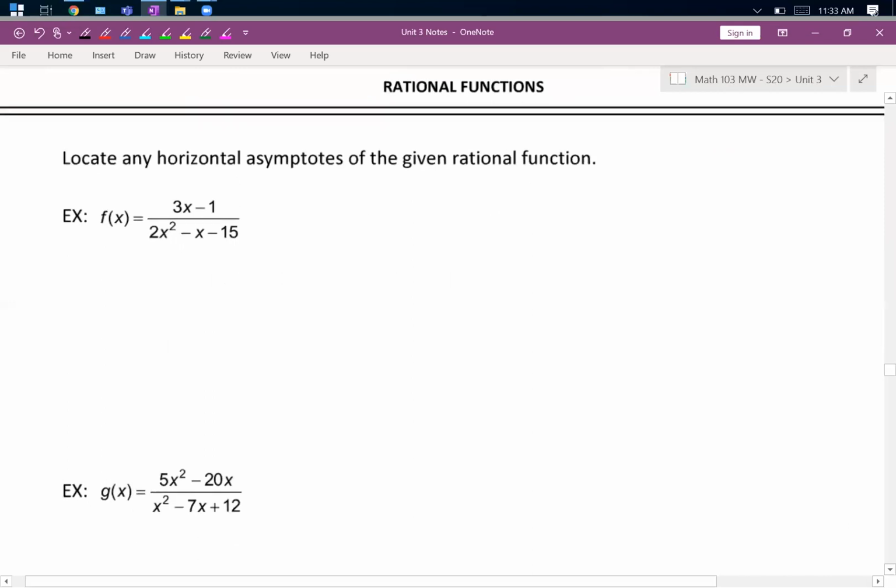Right, so let's locate any horizontal asymptotes. All about comparing the degree of the numerator with the degree of the denominator. In this case, the degree of the numerator is less than the degree of the denominator. Are we going to have a horizontal asymptote?